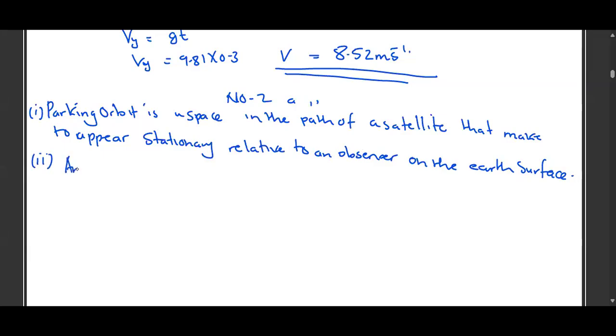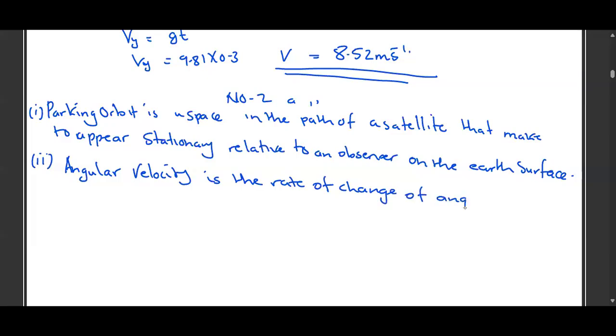So angular velocity is the rate of change of angular displacement. That is angular velocity. And the last term, they want us to define centripetal force.